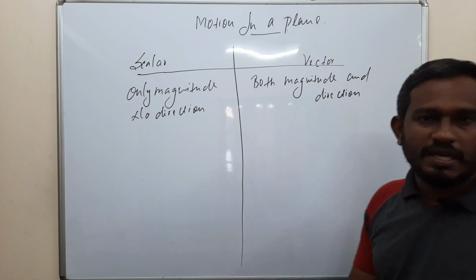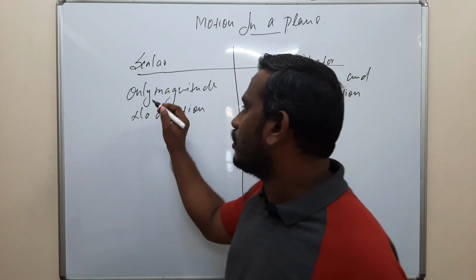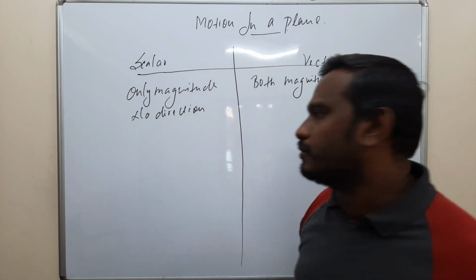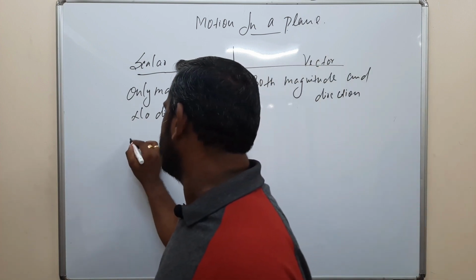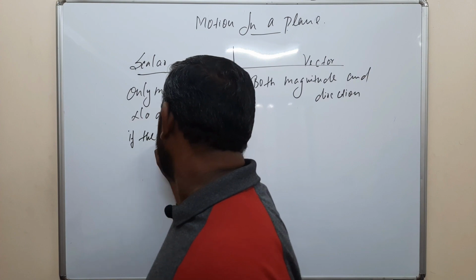That is the first point. Second point: scalar quantities change if the magnitude changes.